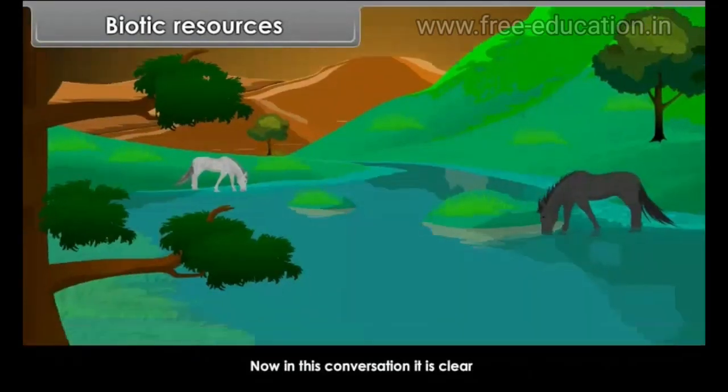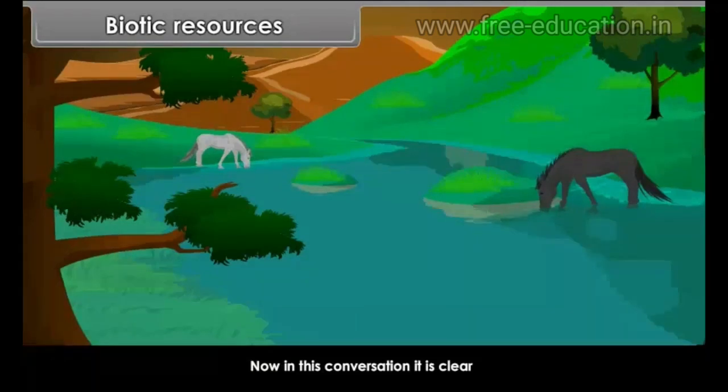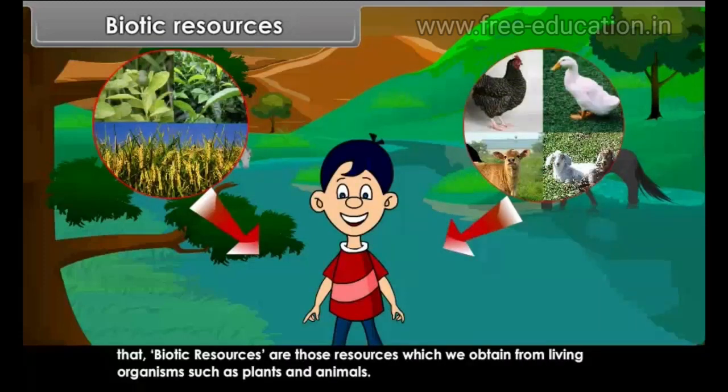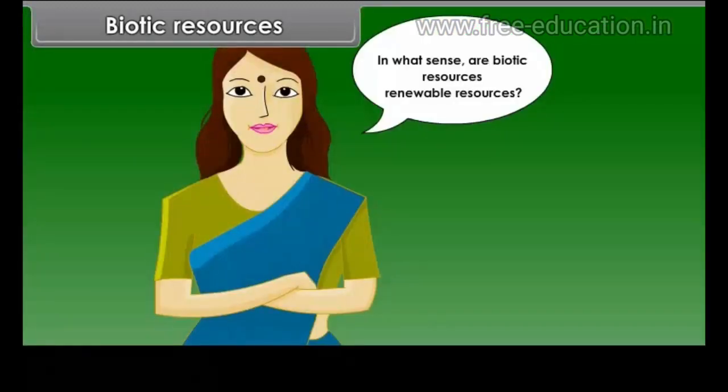Now, in this conversation, it is clear that biotic resources are those resources which we obtain from living organisms such as plants and animals. In what sense are biotic resources renewable resources?